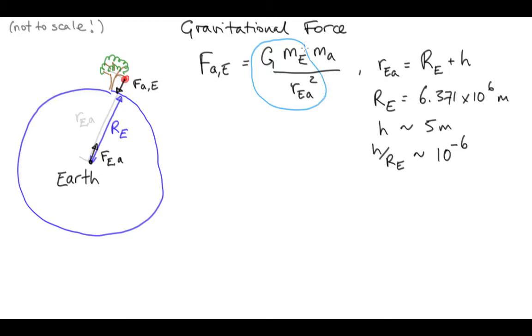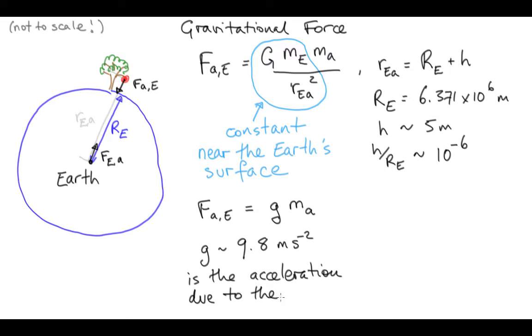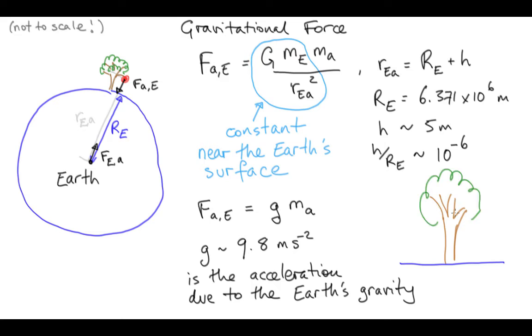So for most calculations of gravity near the Earth's surface, we treat the distance REA from the center of the Earth to the center of the object as a constant. And that means we can combine these three terms here into a new constant called little g, or the acceleration due to gravity. And this has the value 9.8 meters per second squared to two significant figures all over the Earth's surface. Every single object near the Earth has this force acting on it, and it always points down towards the Earth's center. It's what we experience as weight.